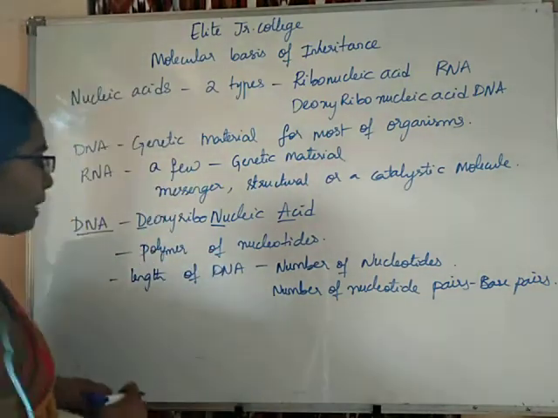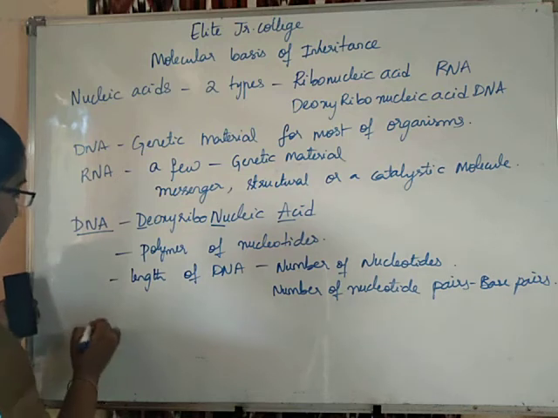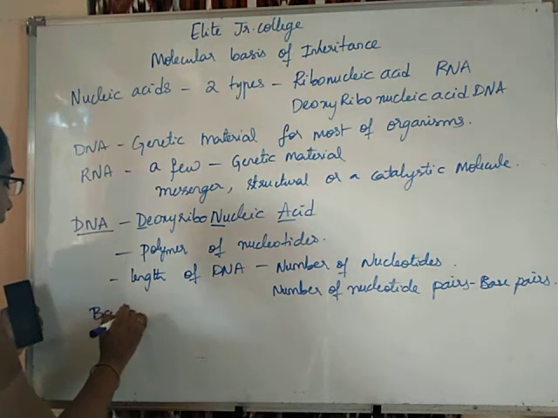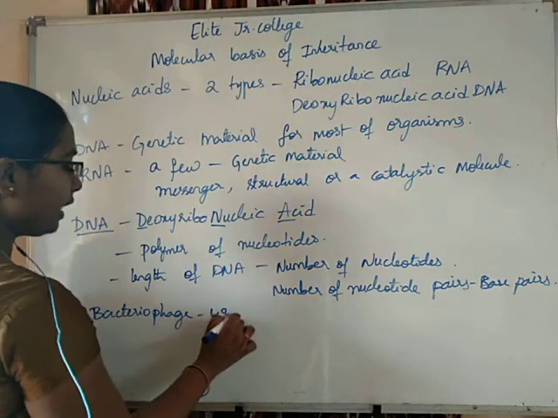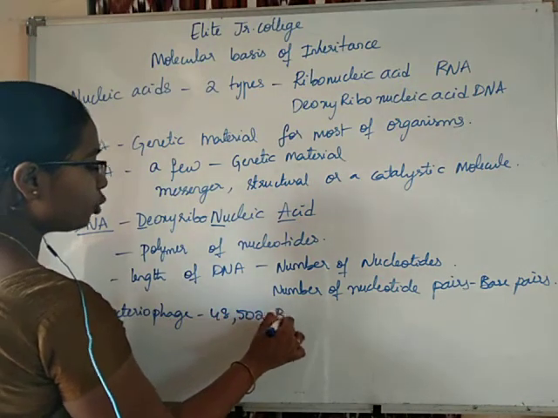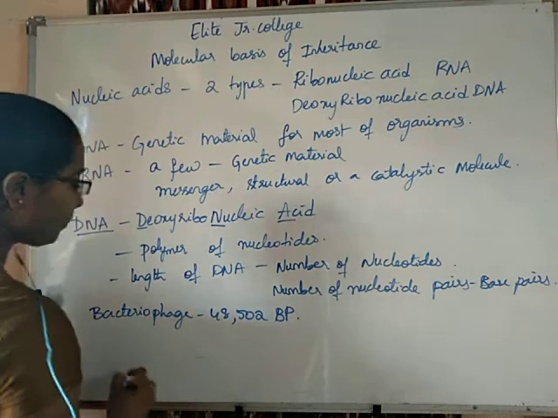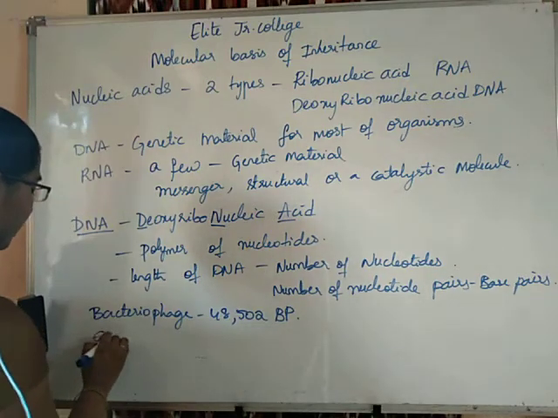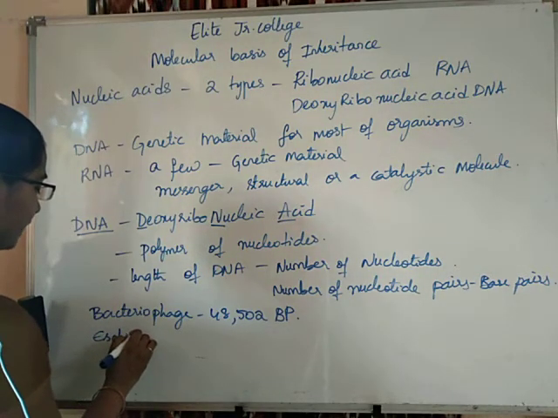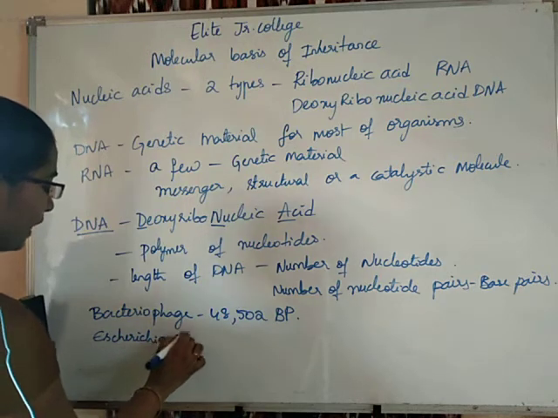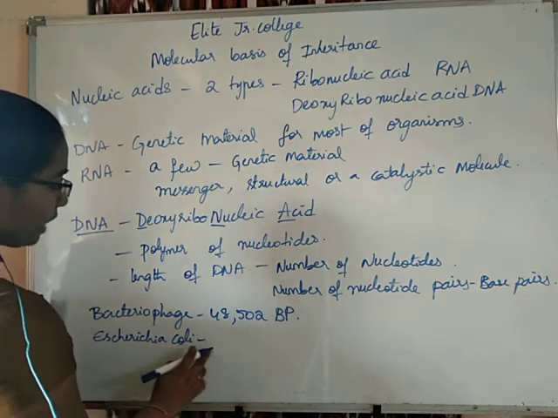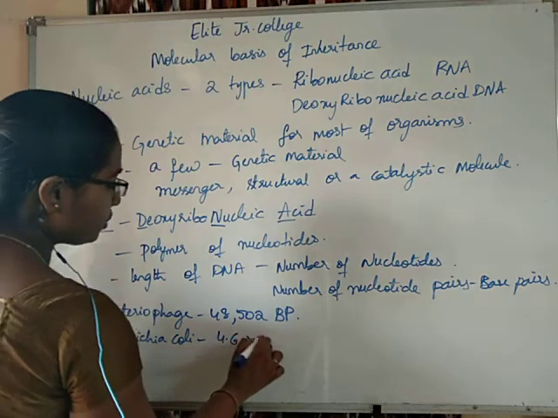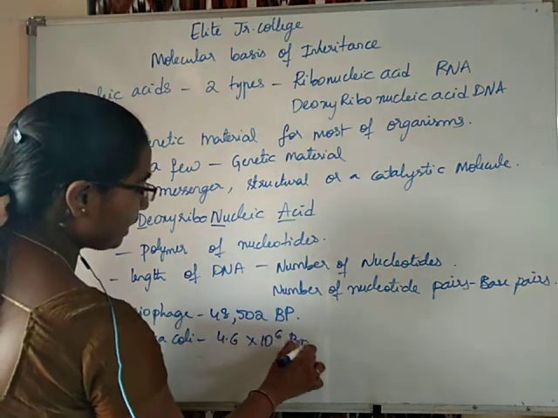Let us see some examples for the number of nucleotides. A bacteriophage consists of 48,502 base pairs, okay. Whereas, if you consider a bacterium called Escherichia coli, in short E. coli, it consists of 4.6 into 10 to the power of 6 base pairs.